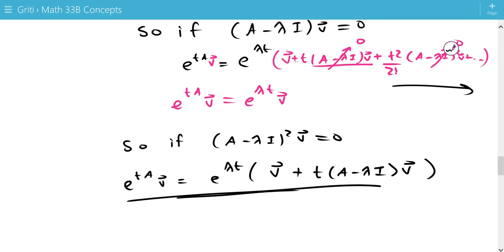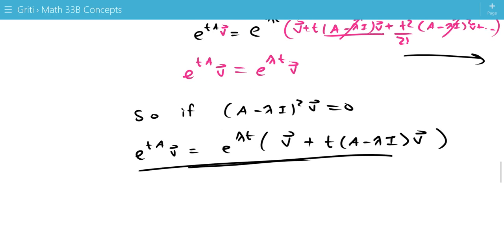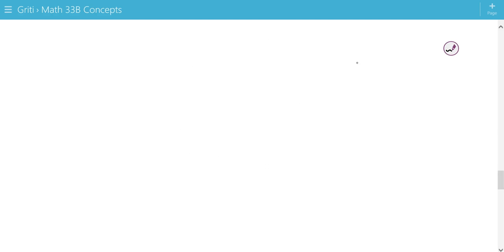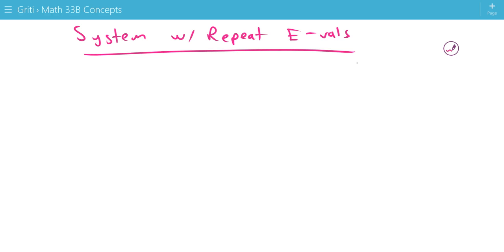So now we've got to apply this to a system with repeat eigenvalues. All of this was leading up to a system with repeat eigenvalues. So let's look at this system.